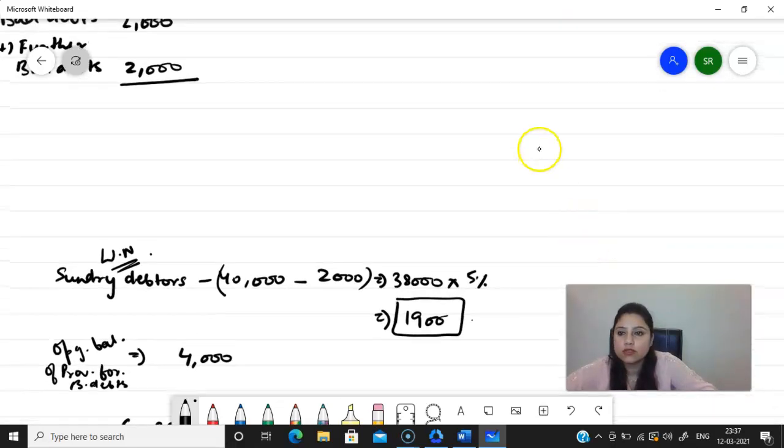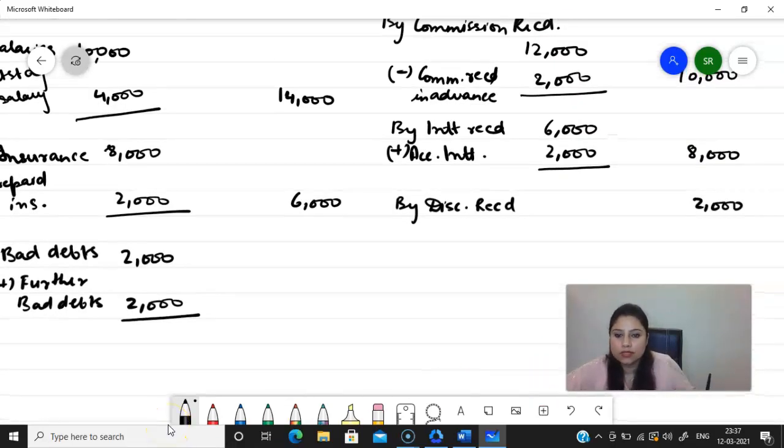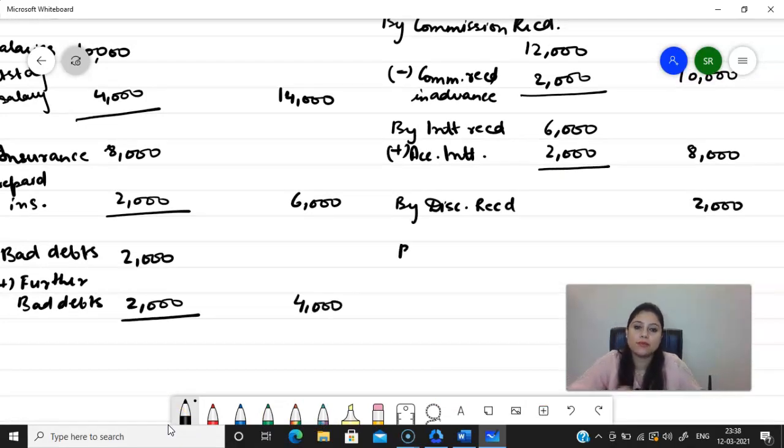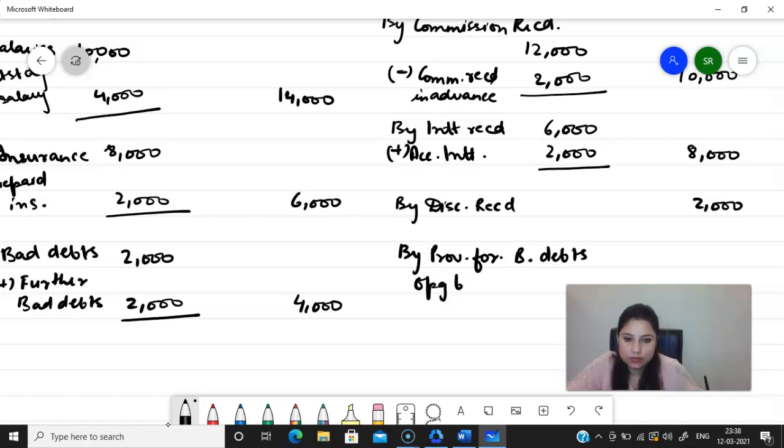Here we have recorded 4,000, and here we can show by provision for bad debts, the opening balance is 4,000, less the new provision created at 5%.